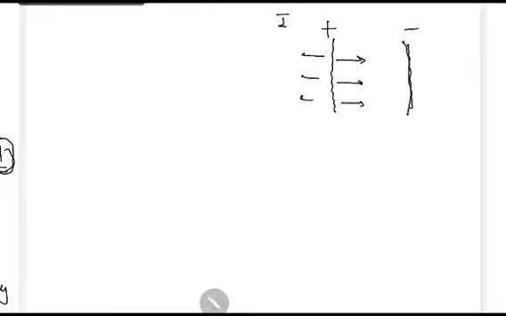If we divide it into three regions, the first region is to the left of the positive plate, the second is in between both plates, and the third region is to the right of the negative plate. The electric field due to the positive plate is radially outward, and the electric field due to the negative plate is towards the plate, like this.